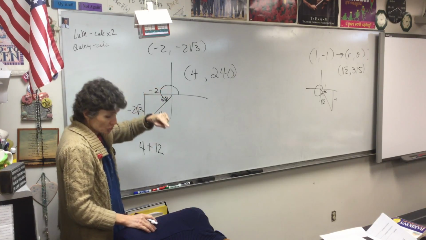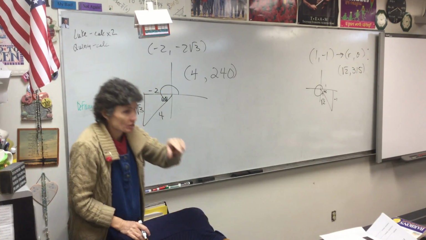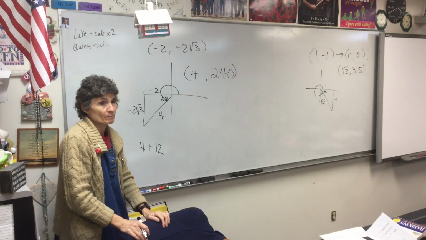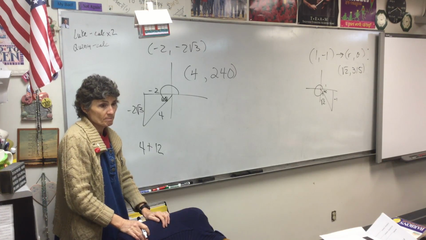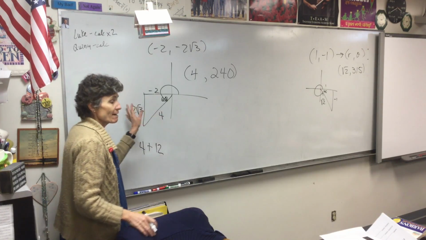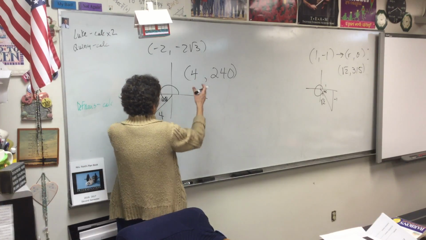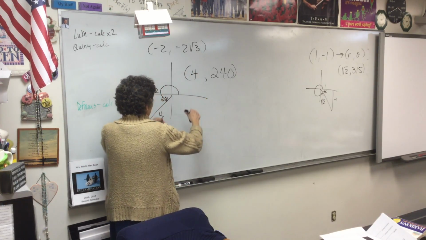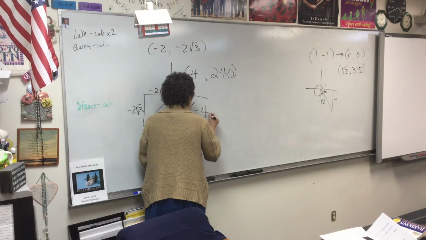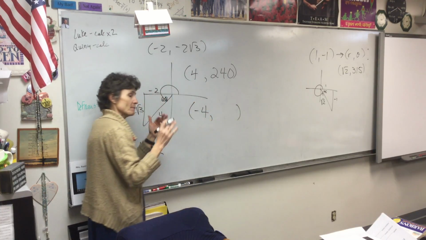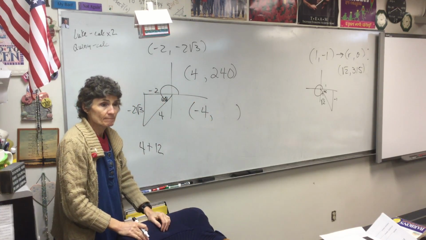Now, the issue is, did you notice the direction said r has to be negative for this problem? Now, r will never come out negative. This is step 1. This is always going to be step 1. Now you're going to make r negative simply because the direction said.